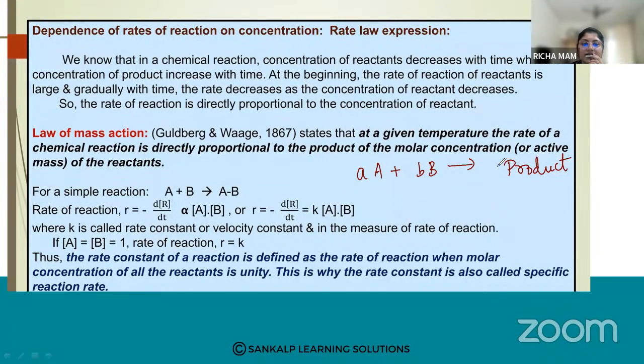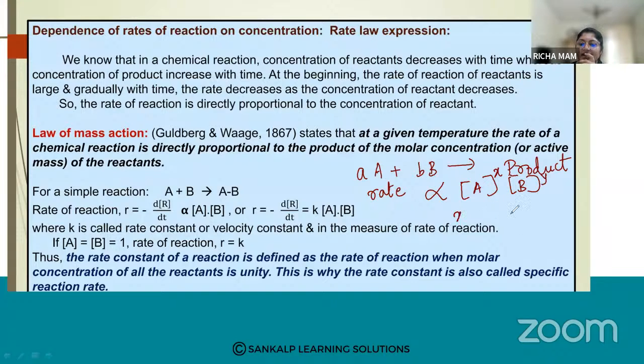Let this be the general equation. How do we write the rate expression for this? Rate is directly proportional to concentration of A raised to x and concentration of B raised to y.